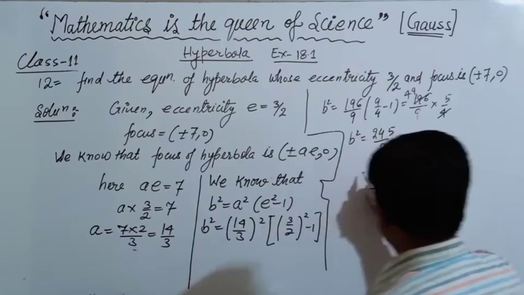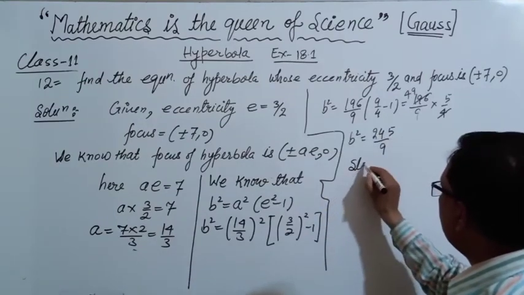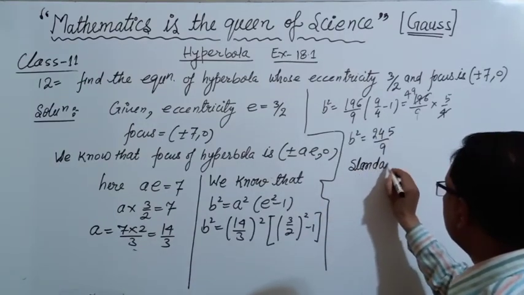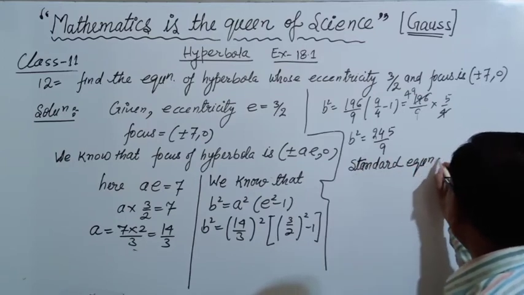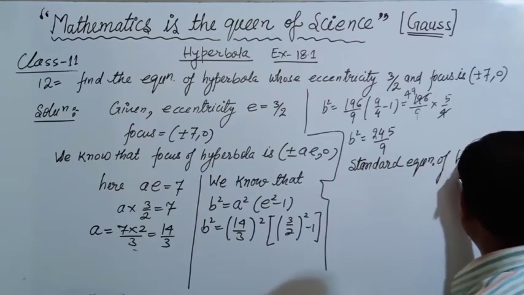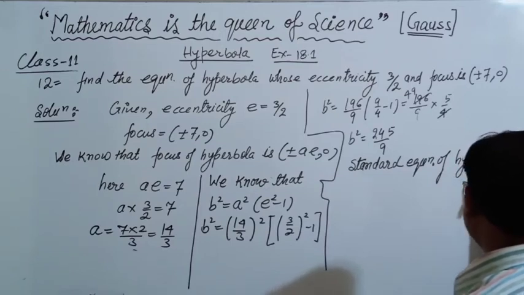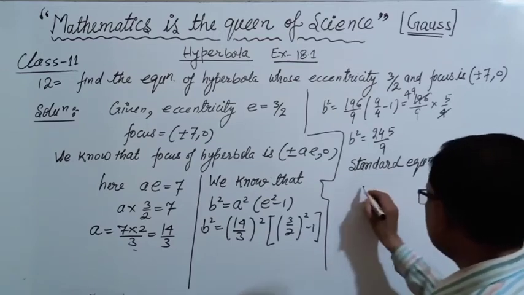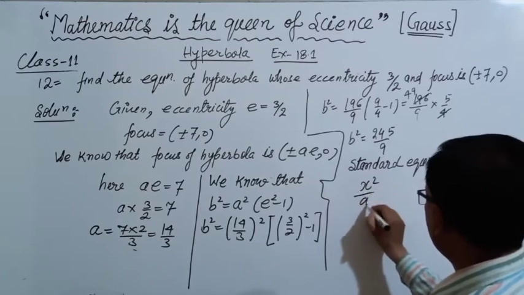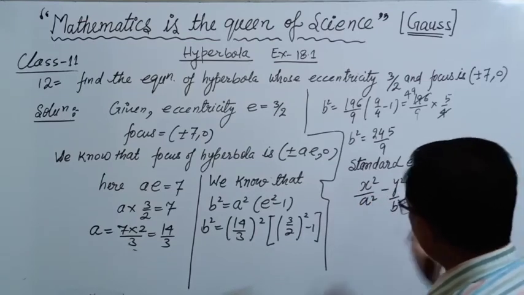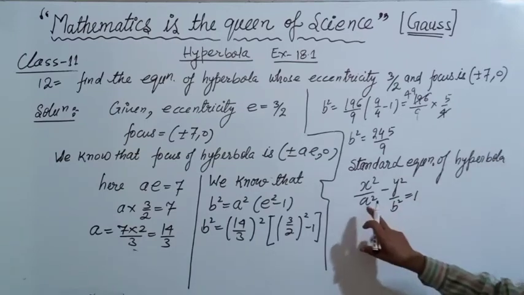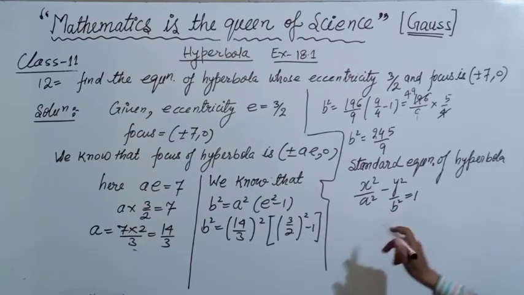Now here we write the standard equation of the hyperbola. So this is x square upon a square minus y square upon b square is equal to 1. Now we substitute the values of a square and b square.